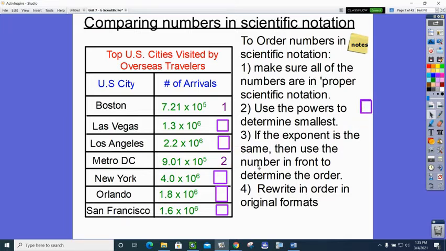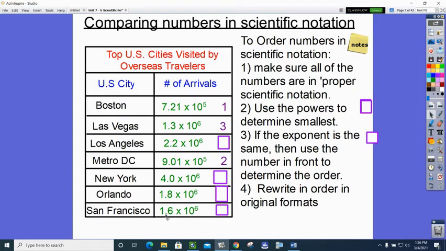Now we're going to move on to the next highest. And believe me, everybody else is a 6. See that? So all of the 5 remaining cities are in contention for place 3. So now go out in front, and which of the numbers out in front is the smallest? And you'll notice Las Vegas will come in at 3rd.